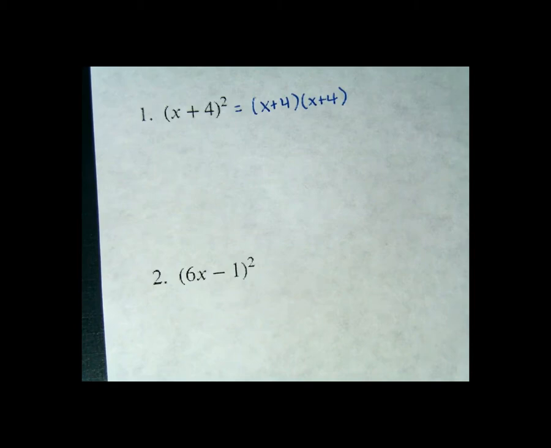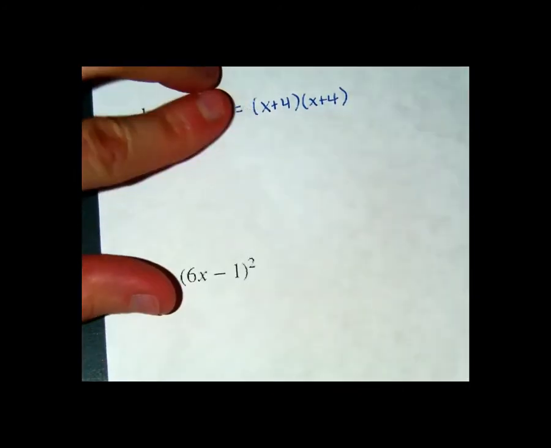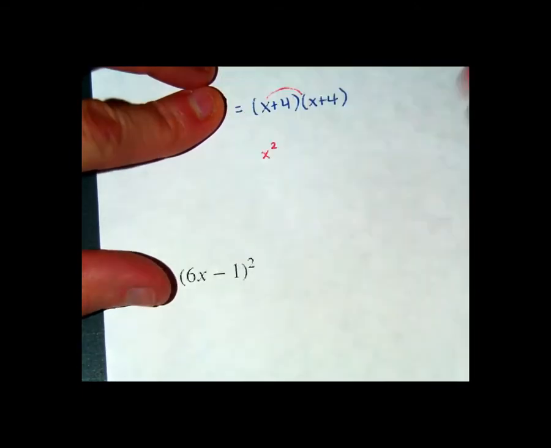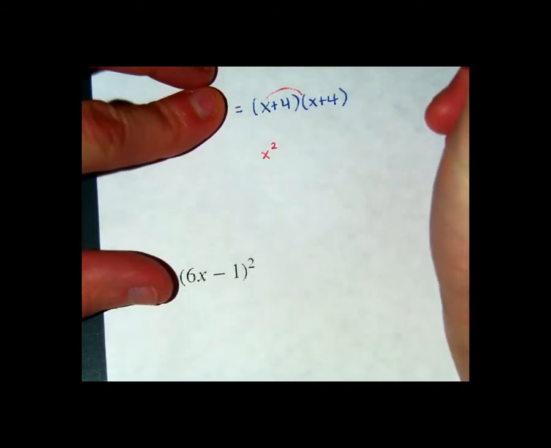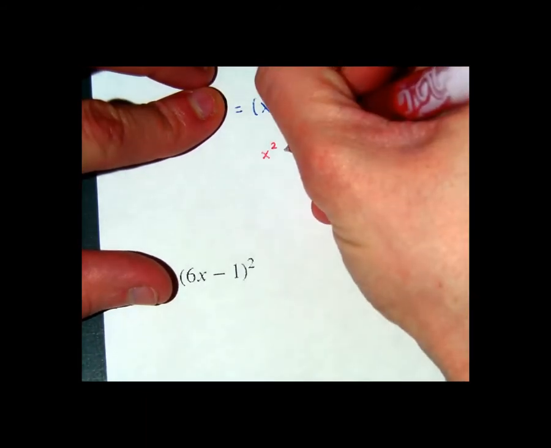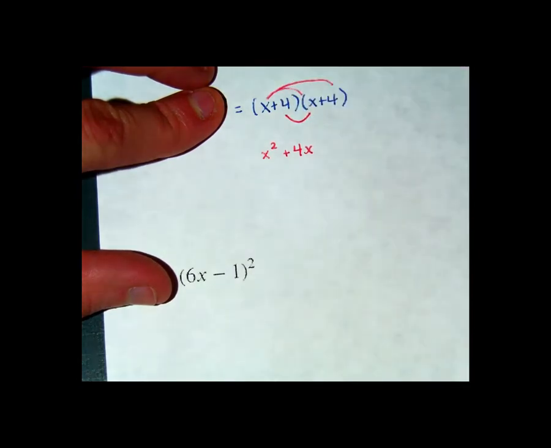Because it's just like we've done in the past. How do you solve or multiply these together now? Okay, you distribute and you get x squared, you said. Okay, then what? X times 4, which is 4x, okay? And then 4 times x is?